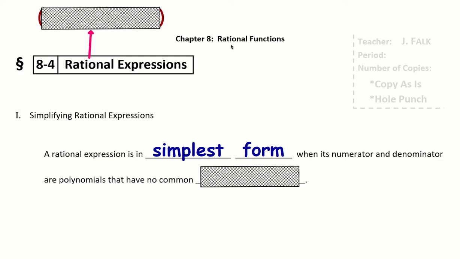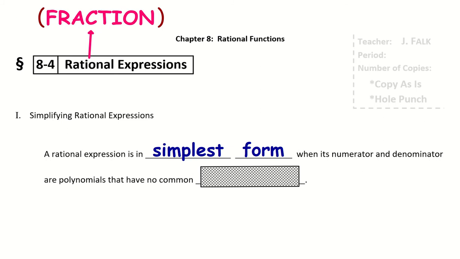Sounds fancy, but then again, you probably recognize that word rational when it comes to math. And what you should think of when you hear the word rational, especially for this chapter, is you should sort of correlate the word fraction with the word rational. So we're going to be talking about a lot of stuff involving fractions.